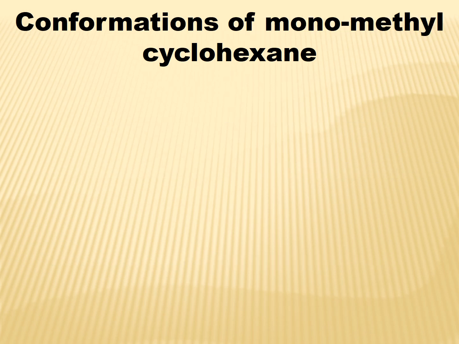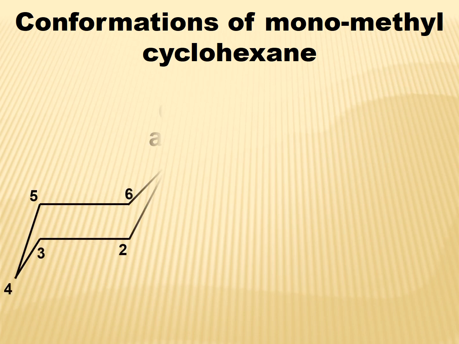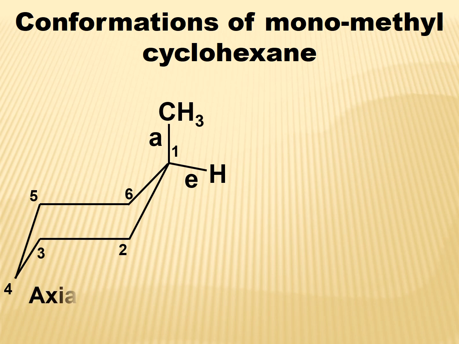Let us start with the conformations of methyl cyclohexane, monomethyl cyclohexane. One of the hydrogens is substituted by a methyl group. So what are the different conformations that are possible? This is one conformation where the axial hydrogen is replaced by a methyl group, and this is called the axial methyl cyclohexane, the axial methyl conformer.